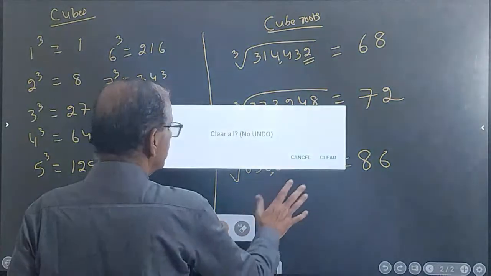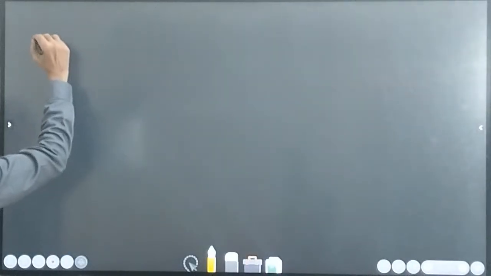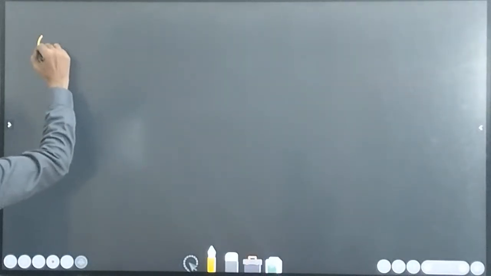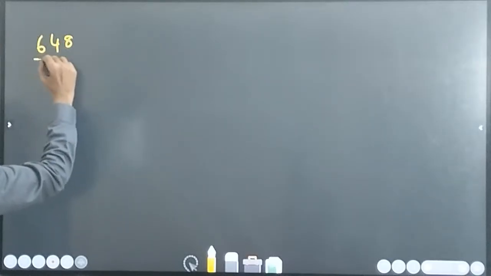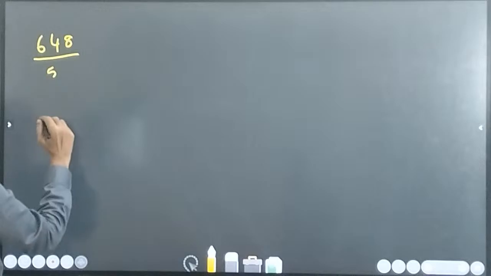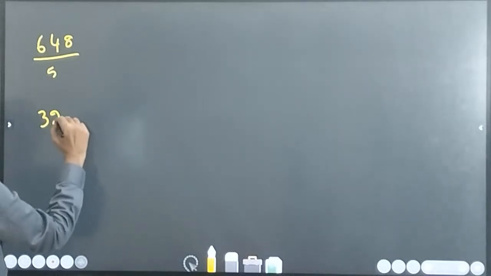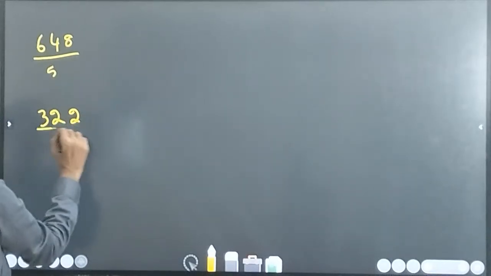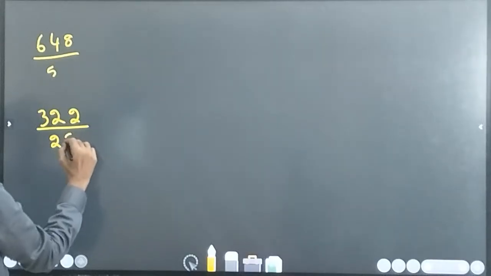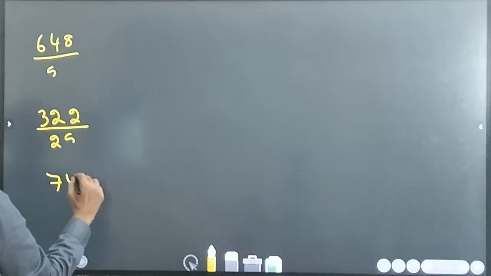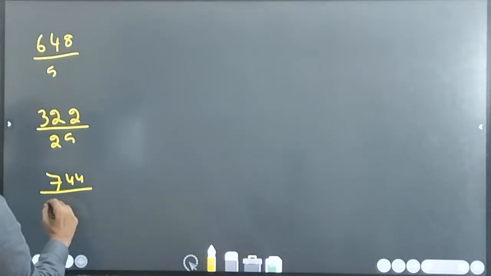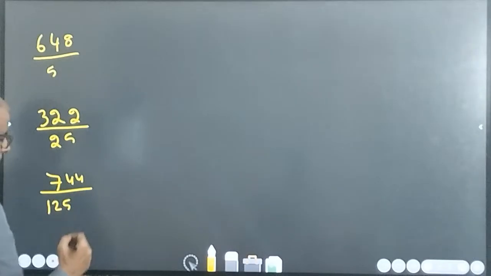Okay. This is then decimals. Suppose I have to divide 648 divided by 5, 322 divided by 25, 744 divided by 125.